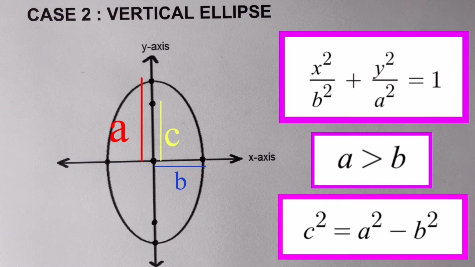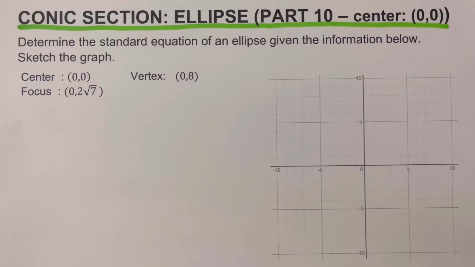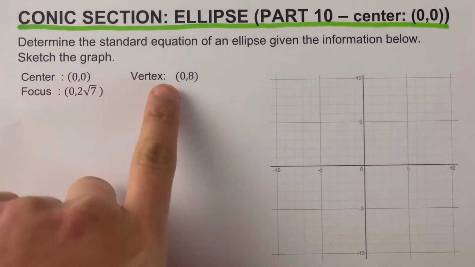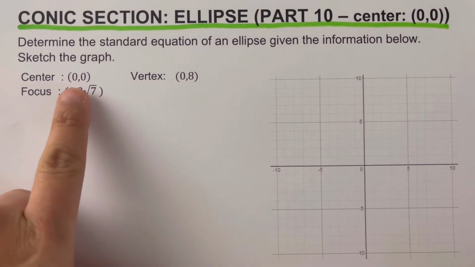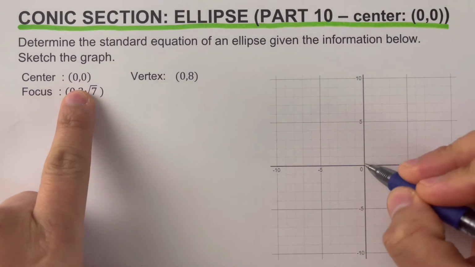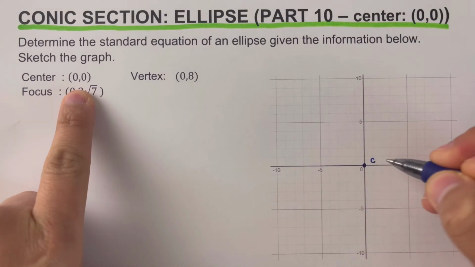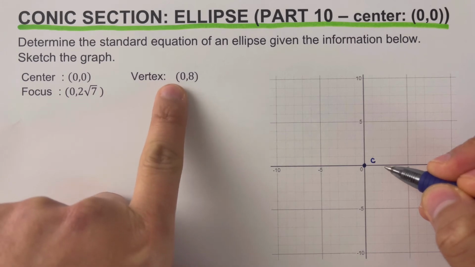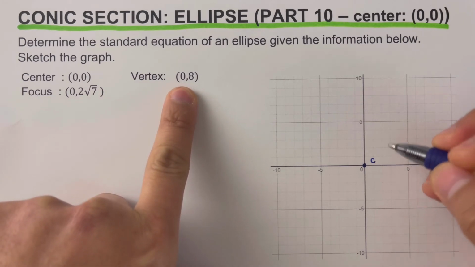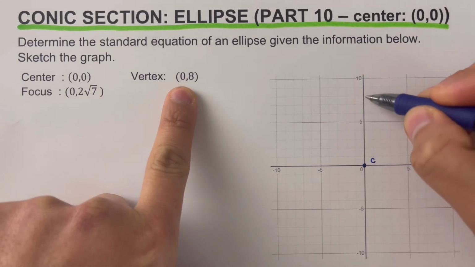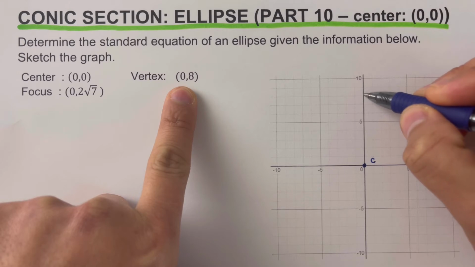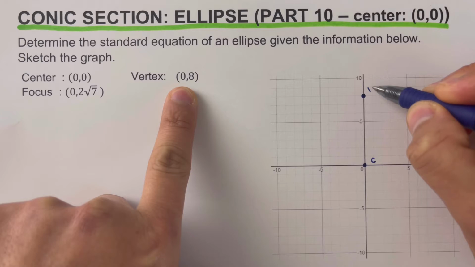Now let's go back to the problem. Okay, going over this problem right here, we are supposed to sketch these 3 given coordinates. Our center is at 0, 0, so I'm going to label this as our C. One of the vertices is at 0, 8, so that would go up here. So this is 0, 8. This is one of the vertices.